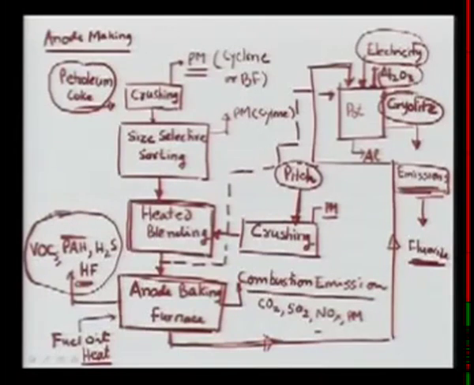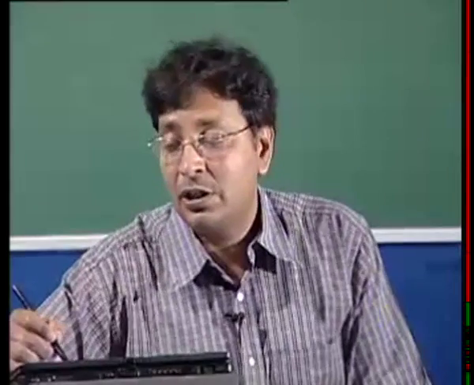So some of the technologies avoid the anode baking itself. Why can they avoid it? The argument is that in the pot the temperature is high, so the high temperature itself will be enough to make that paste solid. That technology, where they use the paste but not the pre-baked anode, is called Soderberg technology.